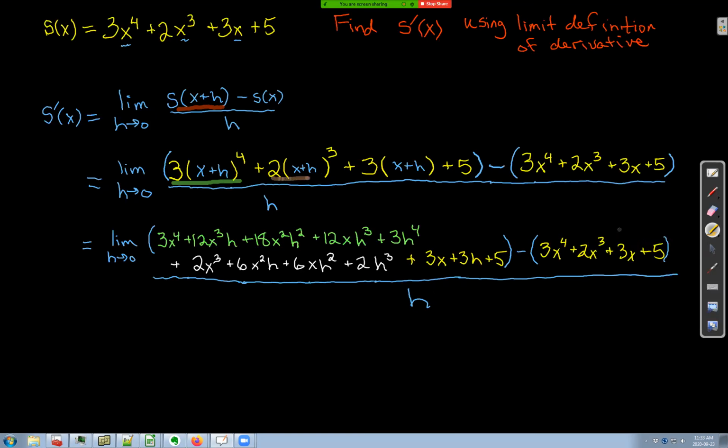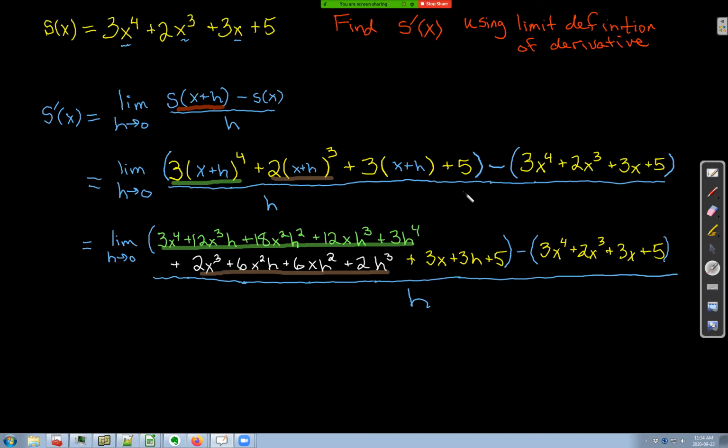This expression right here expands to this expression right here. So let me highlight this in green. All right, so this green expression expands to this green expression, and this expression expands to this expression that I wrote using white pen right here.